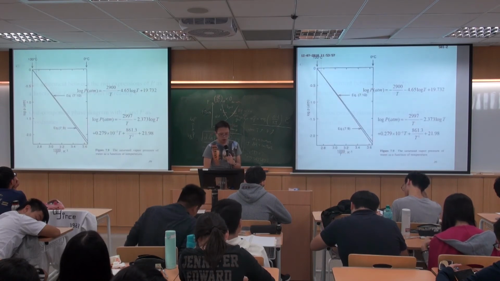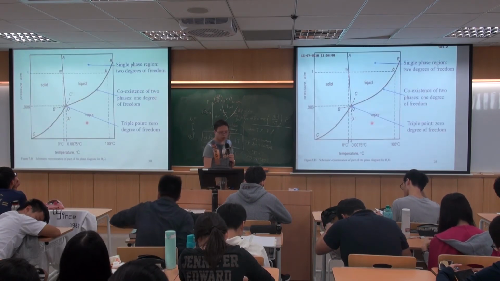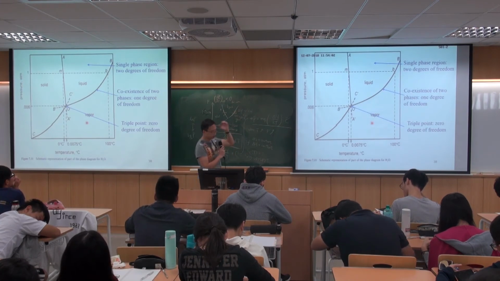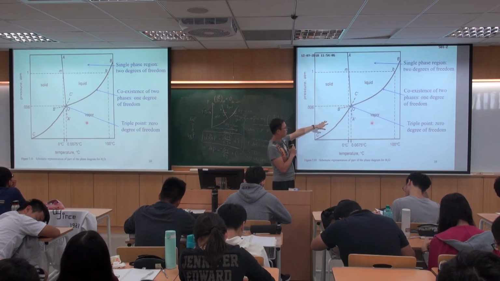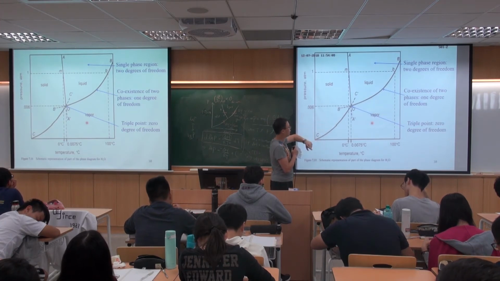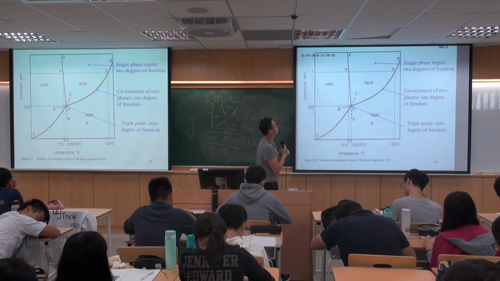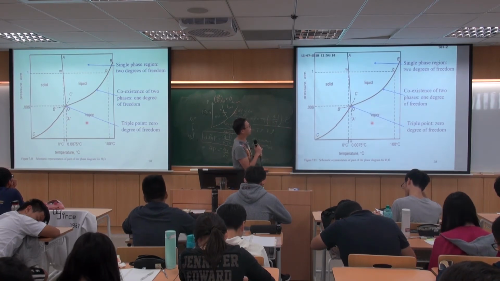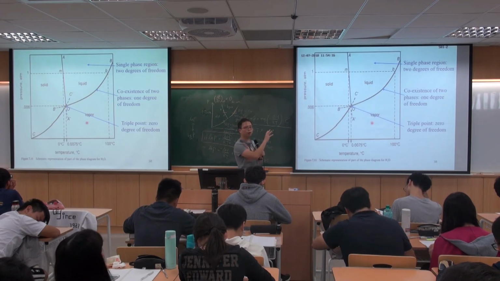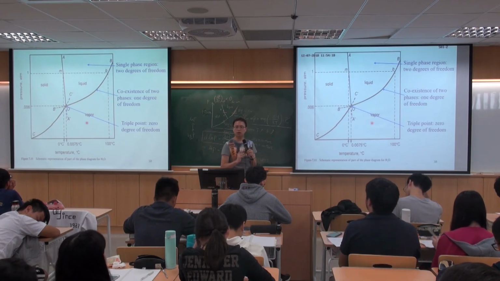Okay, so let us go back to this phase diagram again. There are some terms that we want to just define. For instance, the triple point, I think all of you already know that, which is the point that you have 3 phases that can coexist with each other.